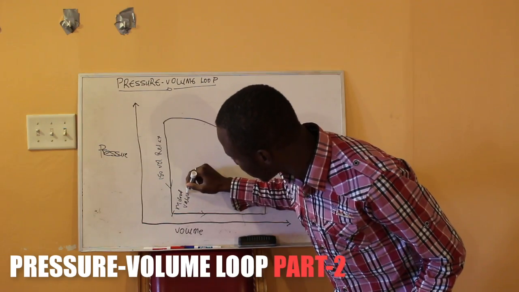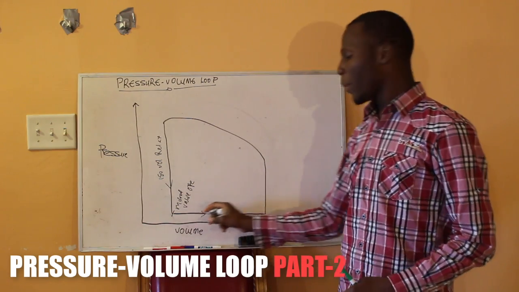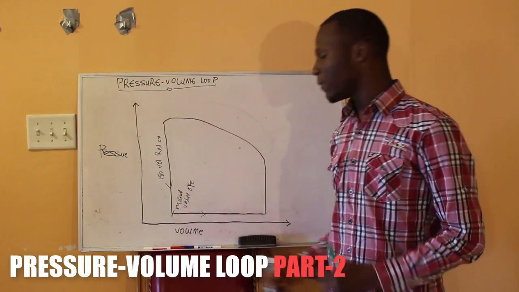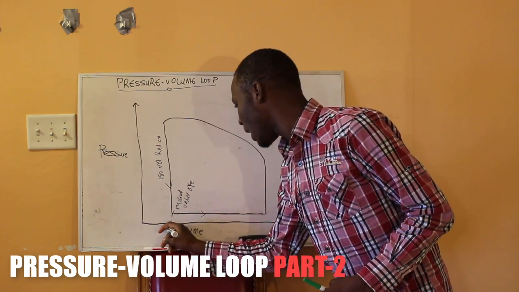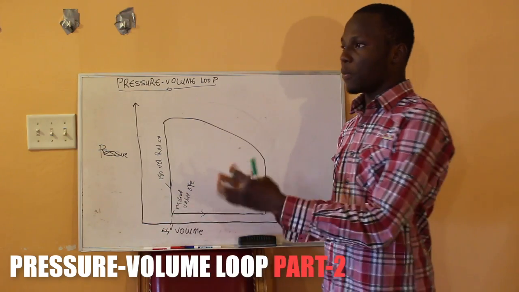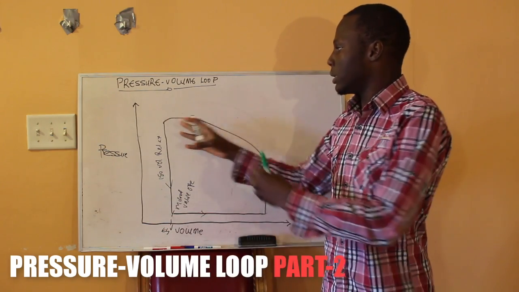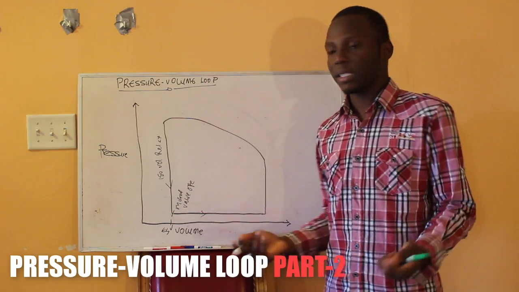Here we have our mitral valve opening, and now we have our filling. And here we can say this is the end systolic volume, because this is the amount of volume left after systole.